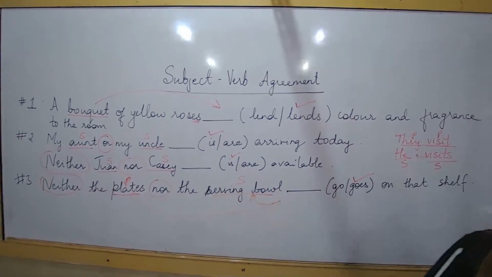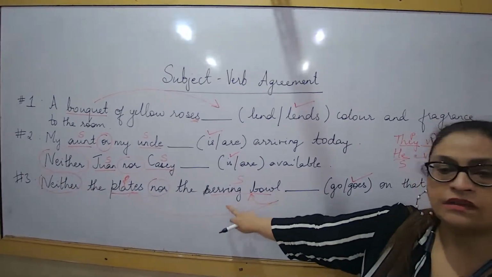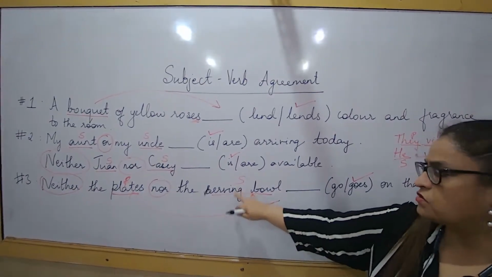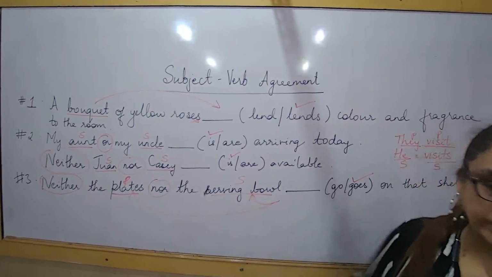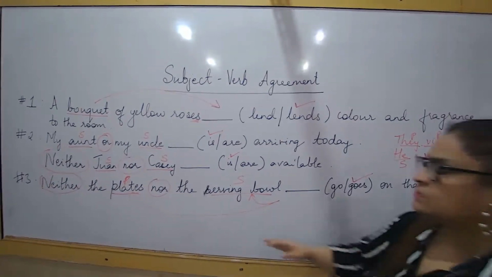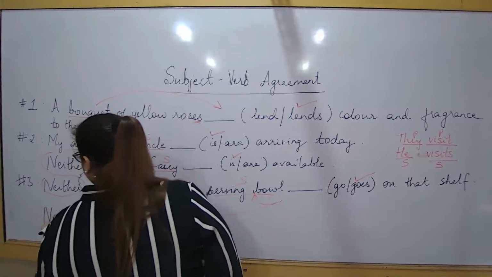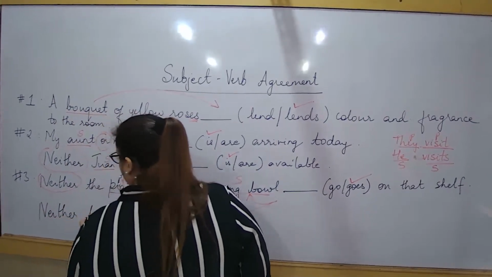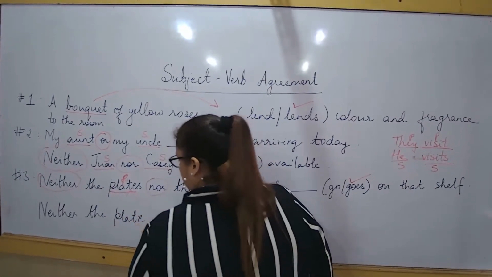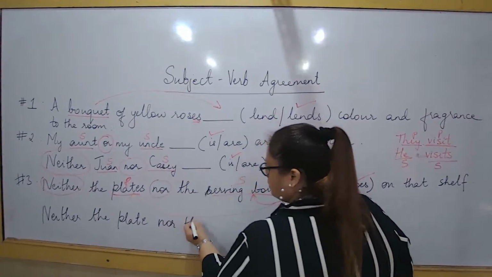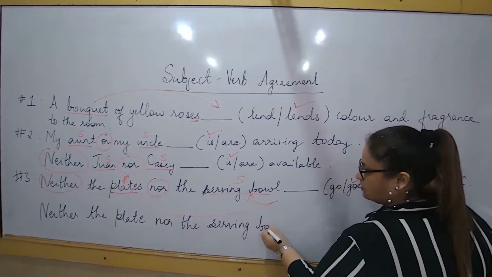Got it? So what are we going to do? If you have or, either or, neither nor, then the verb will agree with the noun or pronoun, the subject, which is closest to it. What if this was neither the plate, nor the serving bowls?